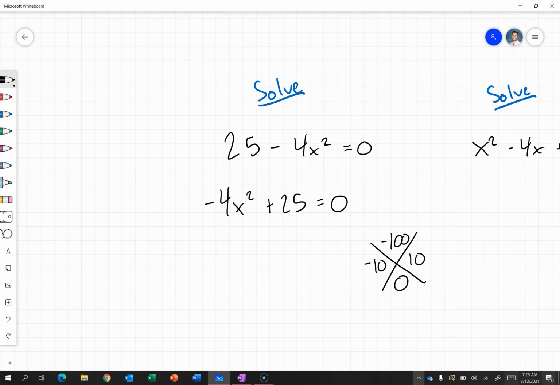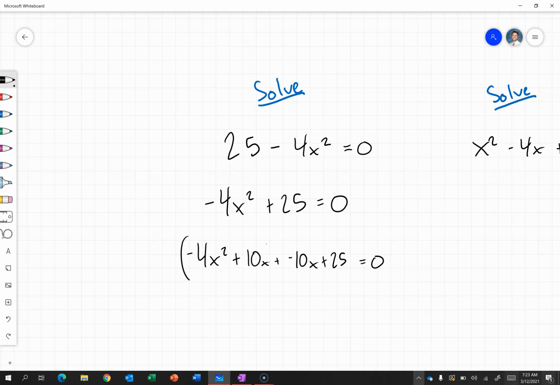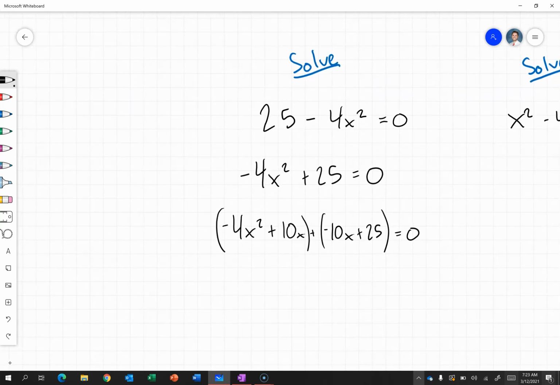So we could then rewrite this as negative 4x squared plus 10x plus negative 10x plus 25, and that all equals 0. And then we can factor. So we'll group these. And in this case, I can factor out a negative 2x.